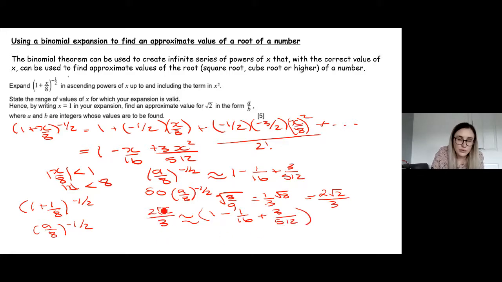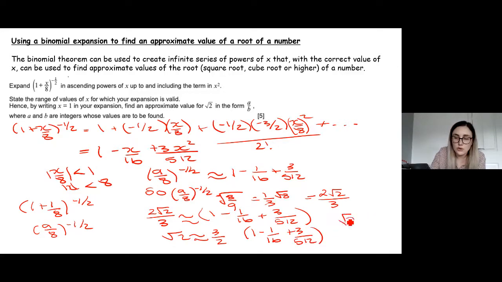I'm going to take that root 2 and put it on its own. So if we want root 2, because that's what it asked us for, root 2 is going to be approximately equal to, times 3 on that side now and divide by 2. So 3 over 2, times 1 minus 1 over 16 plus 3 over 512.